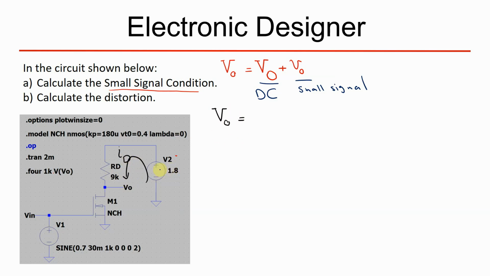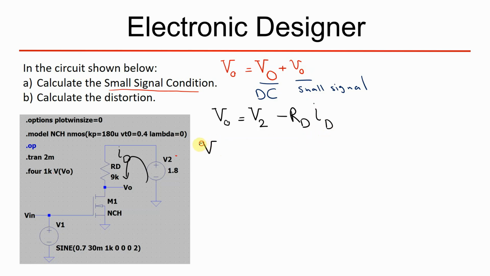Okay, so here I have this V2 as a bias voltage, which is a fixed DC voltage, minus RD times I drain. I drain includes the complete DC and small signal. Okay, you have to be careful about that.